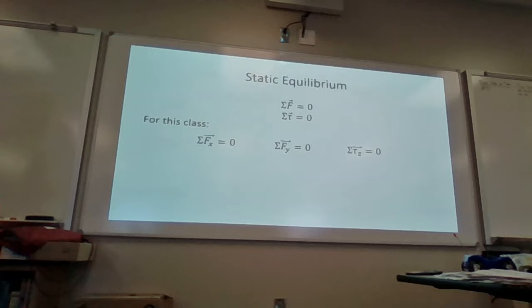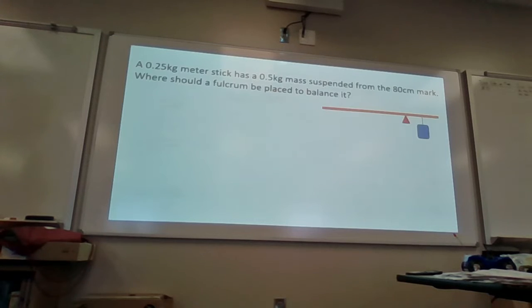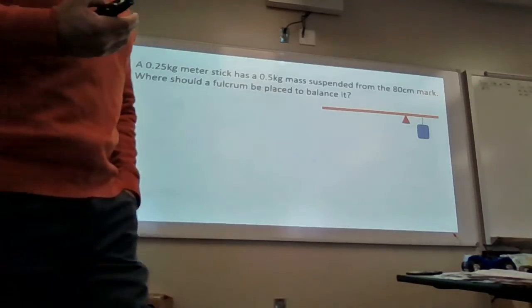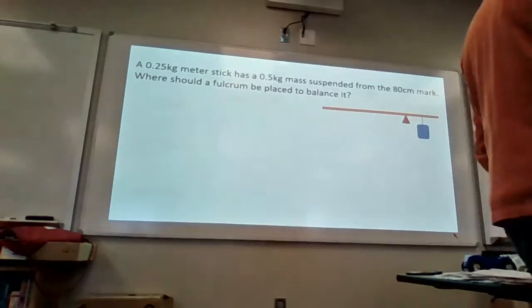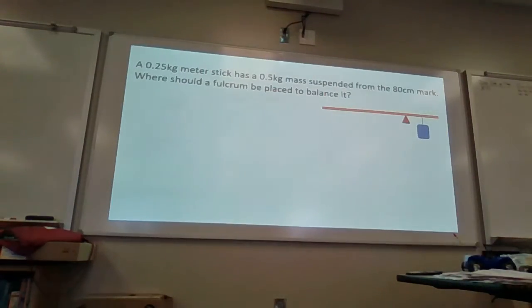I introduced this to you last year a little bit. One of the things is you can pick your axis of rotation, your origin, to be anywhere along this. It doesn't matter. However, there are some places that are more strategic than others.